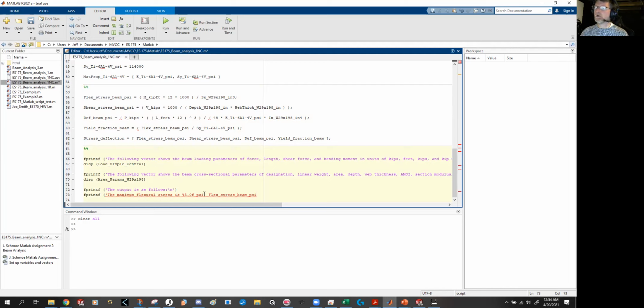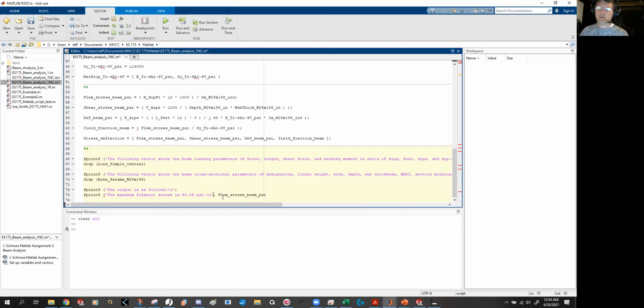And oh, I forgot to put, oh, very important thing here. Of anyway, PSI, and that should have a period after it because it's the end of the sentence. But then we put in that next line kind of thing. But then I had forgotten to, as always, put in that single quote. Now it's going to use flex stress beam PSI and put that in for that variable.